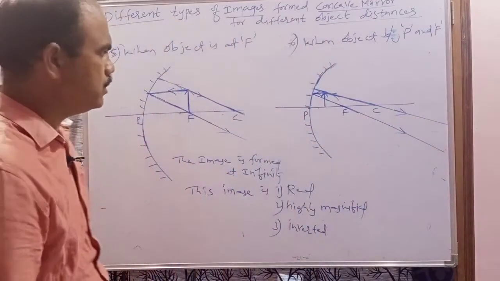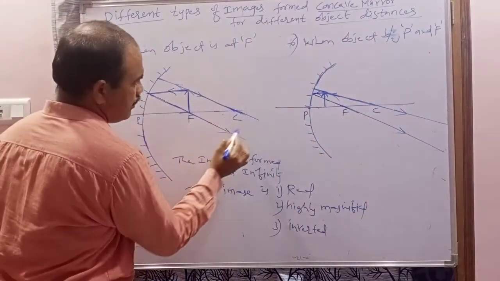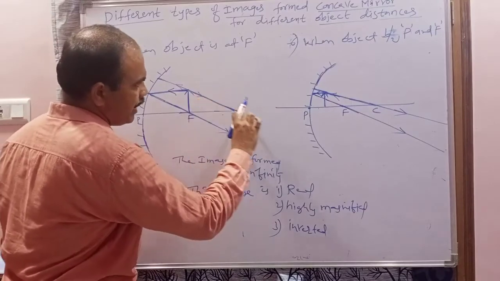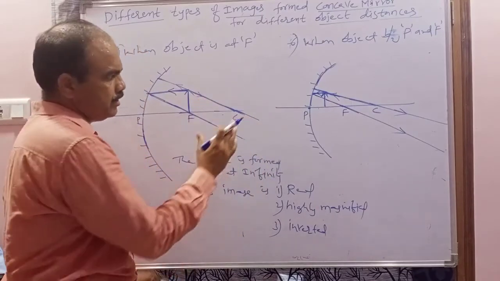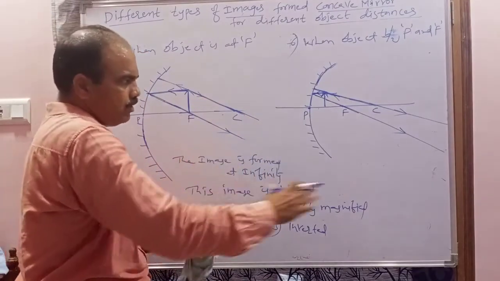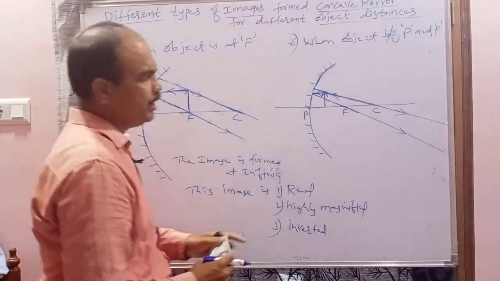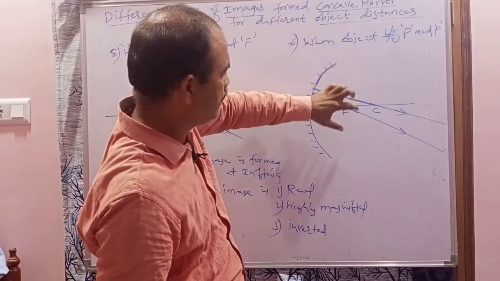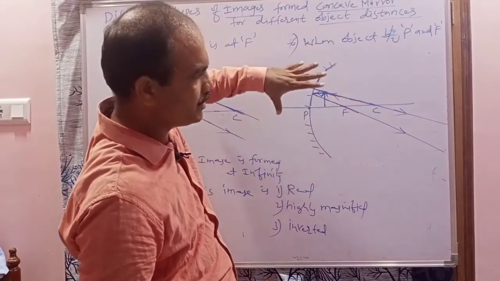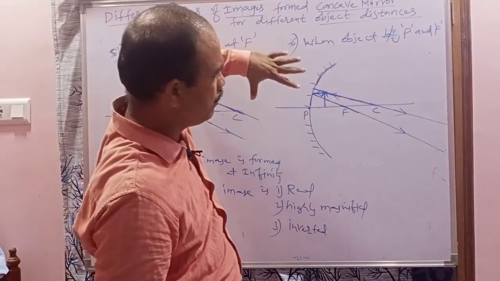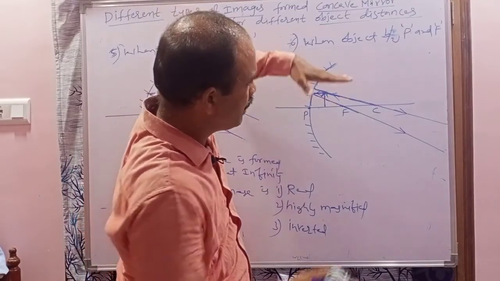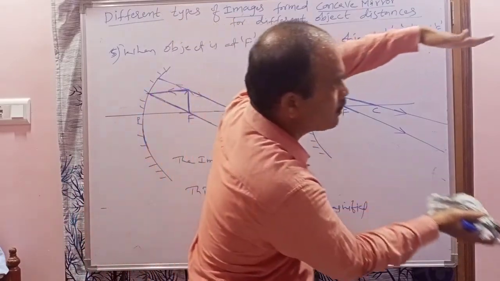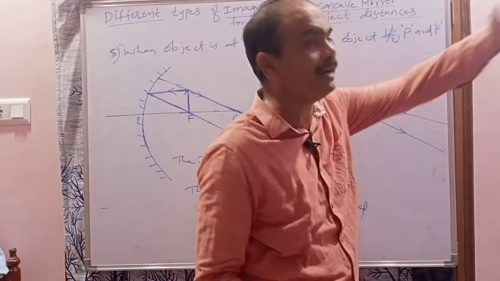Now observe these two diagrams. In this case, these two rays are parallel, so to intersect them, where do we have to go? At infinity. But here, when these two reflected rays are observed moving away from the mirror, the distance between them gradually increases, which means they never intersect.